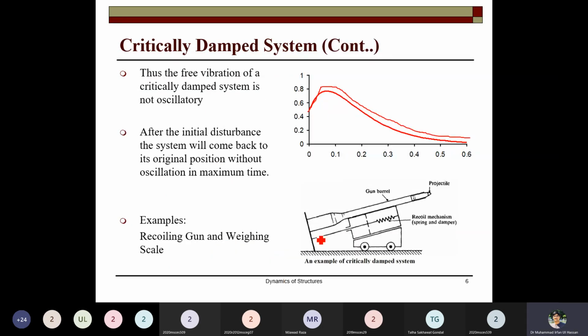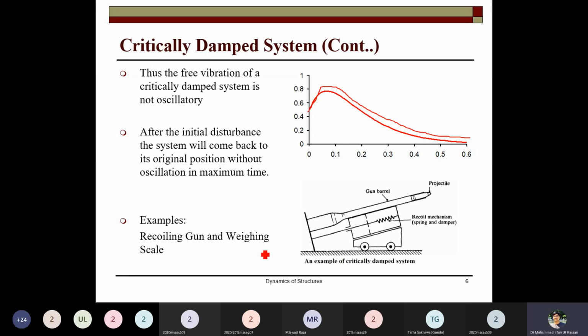And what is the result? When you plot the critically damped system, u as a function, you see that suddenly there are no vibrations.